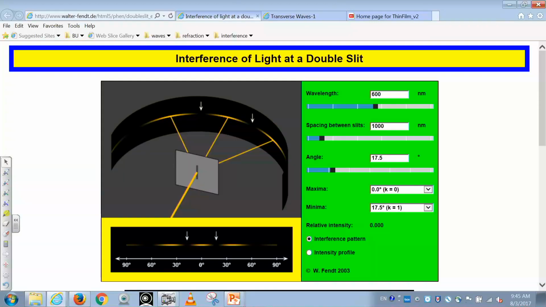So there is an app you can play with to see different single slit interference patterns. You can change the wavelength. Let's say, I don't know, red 560. No, that's red 450.